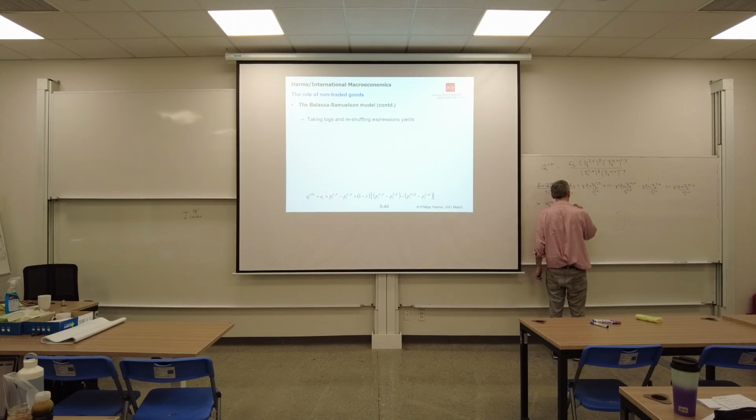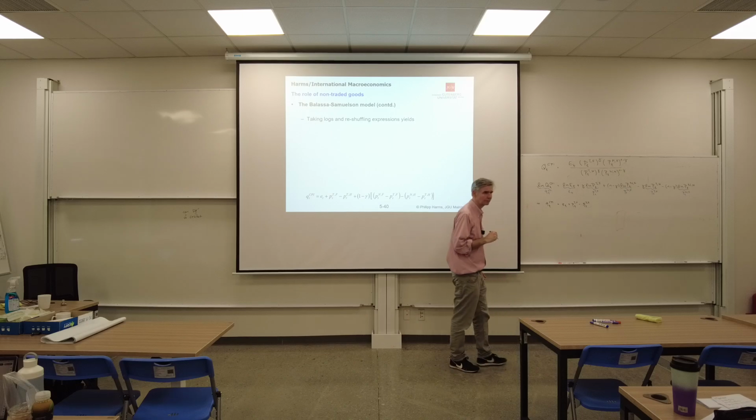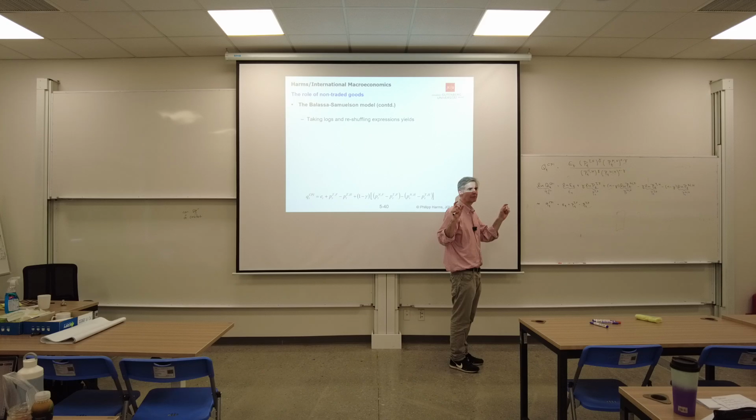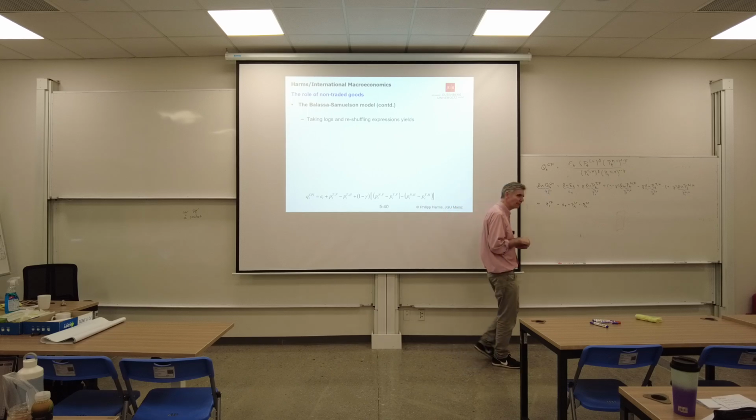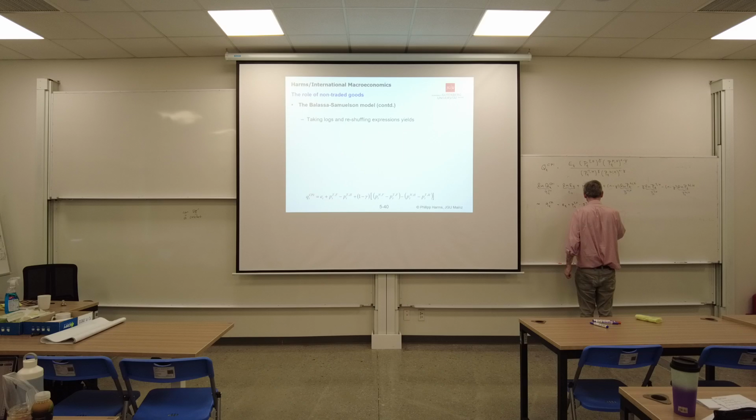Now let me add this thing and let me subtract it. It's like if I say 5 equals 5, it's the same thing as saying 5 is the same as 5 plus 1 million minus 1 million. Why am I doing this? You will see. So the next thing is I'm subtracting this and I'm adding it, which I'm allowed to do. It looks pretty redundant, but you'll see what it's good for.